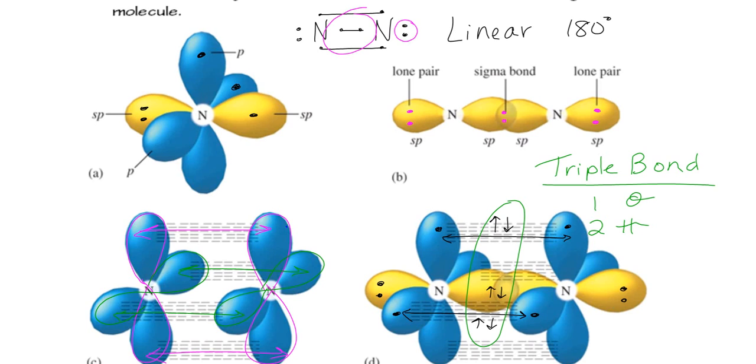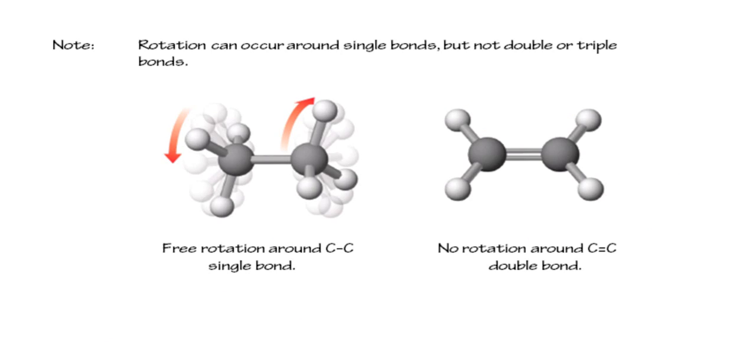Now if you look at the other parts of the study guide, we should make note, when we play with molecular model kits in class, one of the best days of the year, right? You'll notice that around a single bond, you can rotate and spin the carbons or whatever atoms it might be, but you cannot do that around a double or a triple.